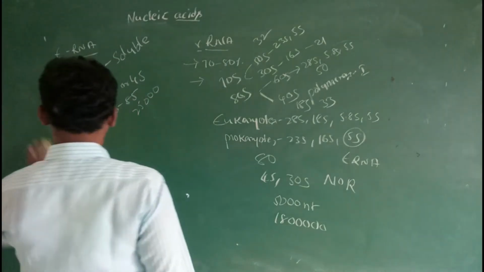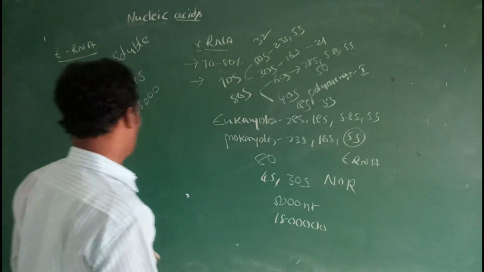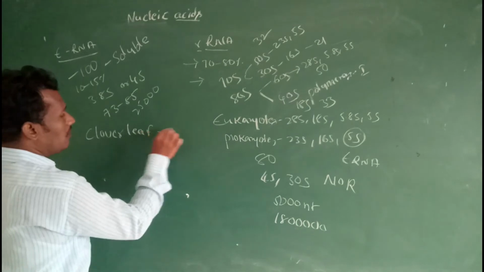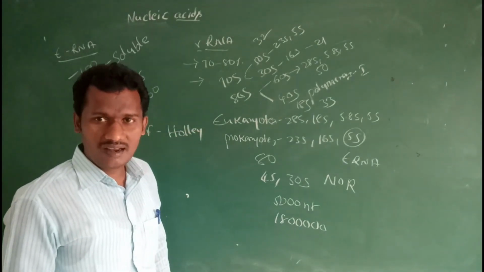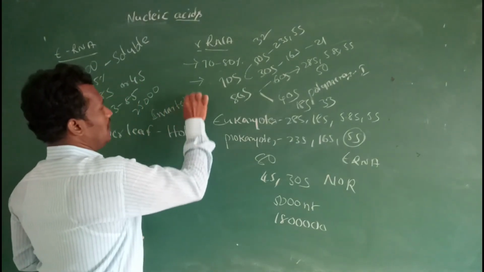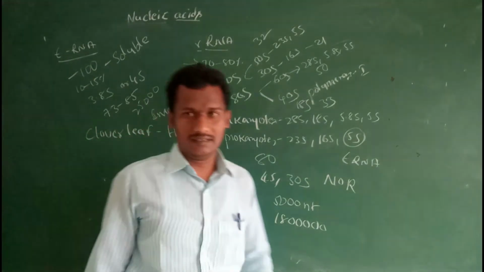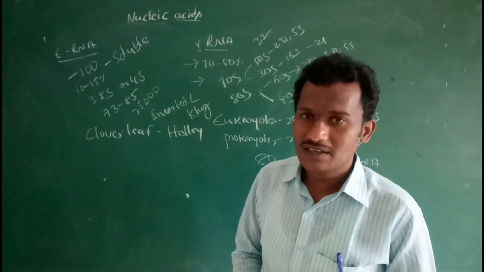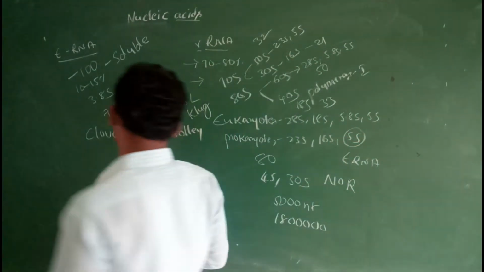tRNA shows a two-dimensional structure and a three-dimensional structure. The two-dimensional clover leaf model was proposed by Holley, and the three-dimensional inverted L structure was proposed by Clark.